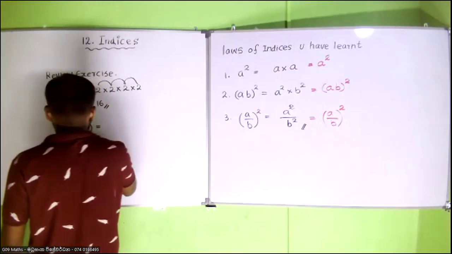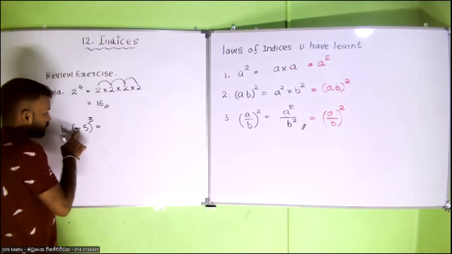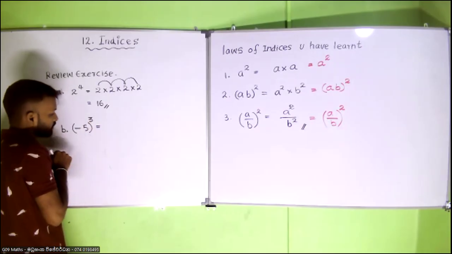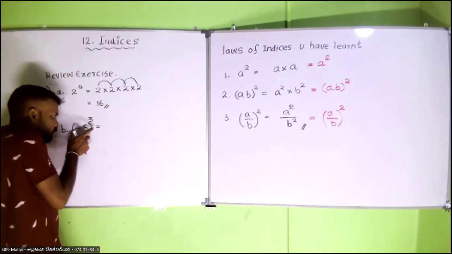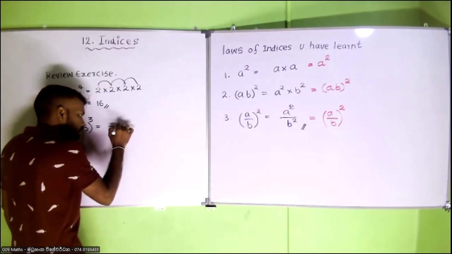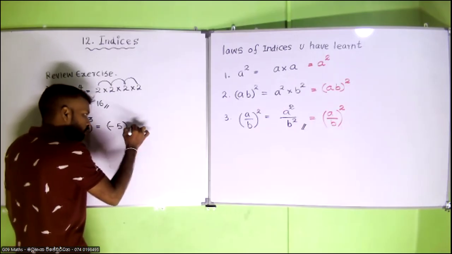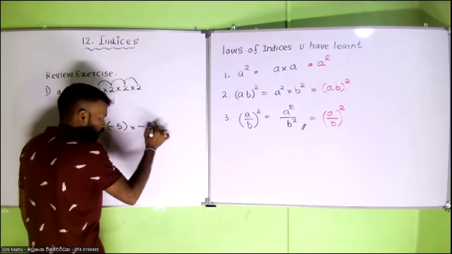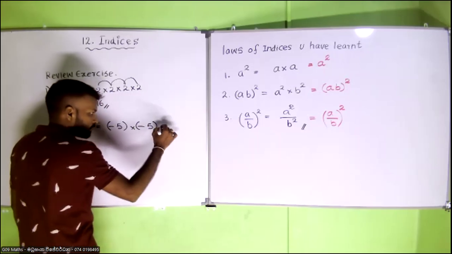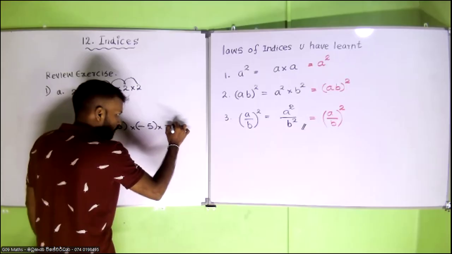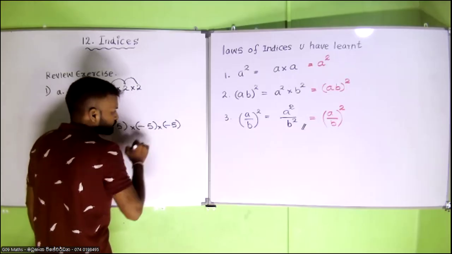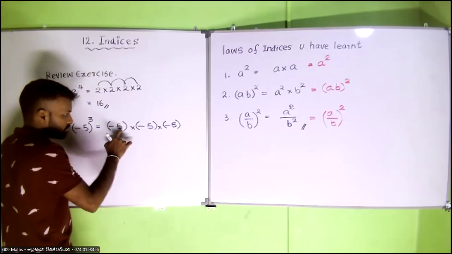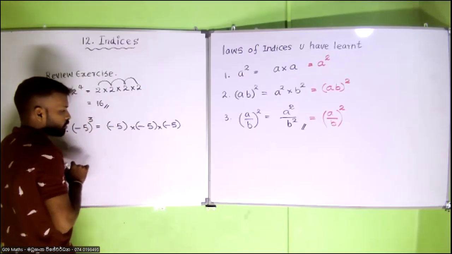Important point: -5 to the power 3. -5 you have to multiply 3 times in a row. 1, 2, 3. -5 to the power 3, 3 times you have to multiply.